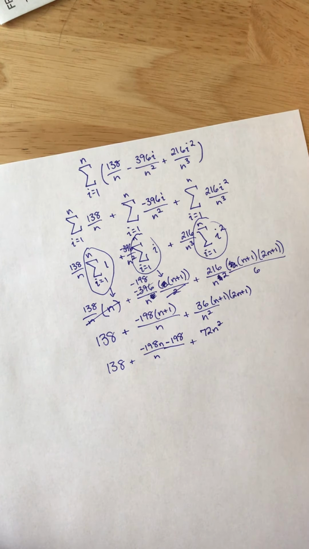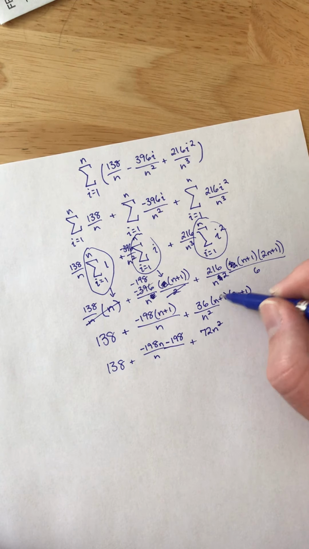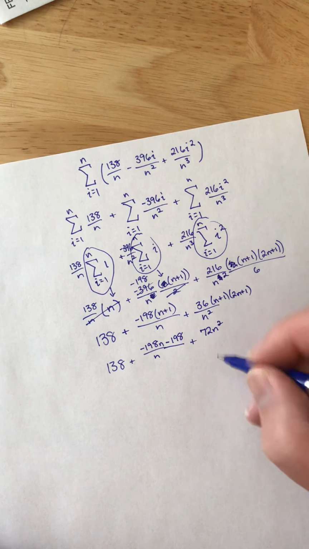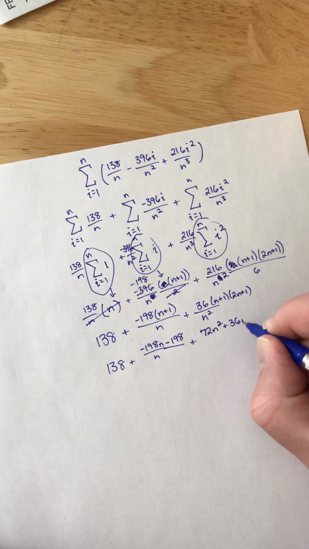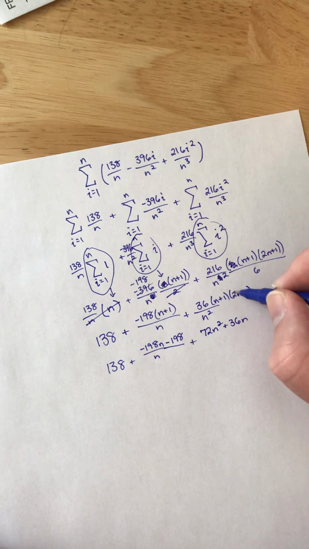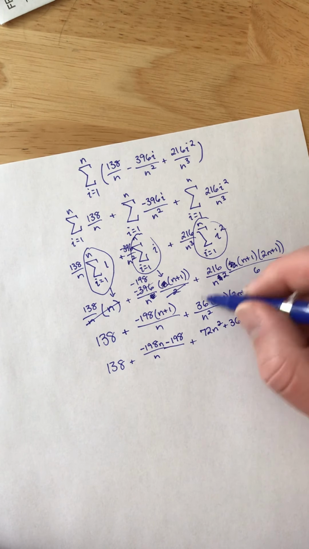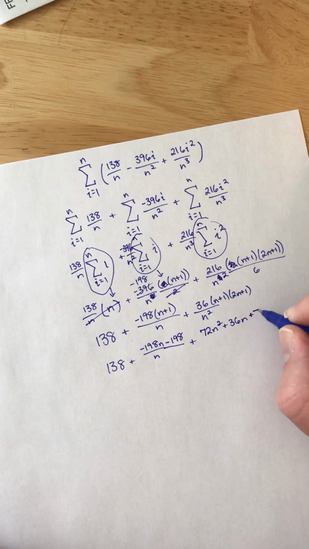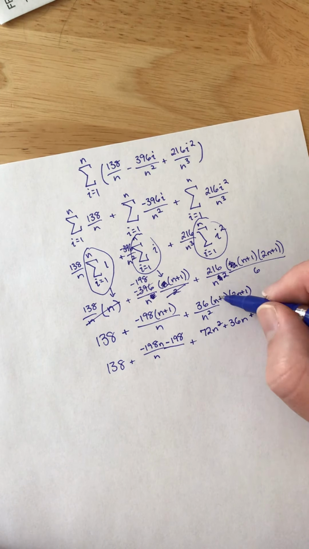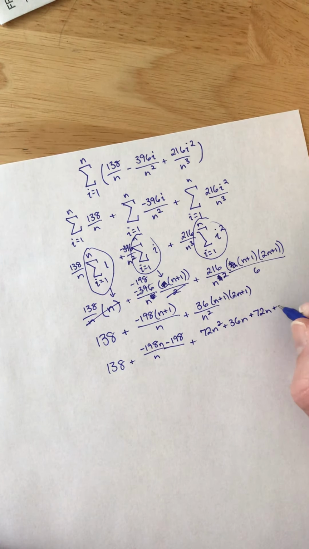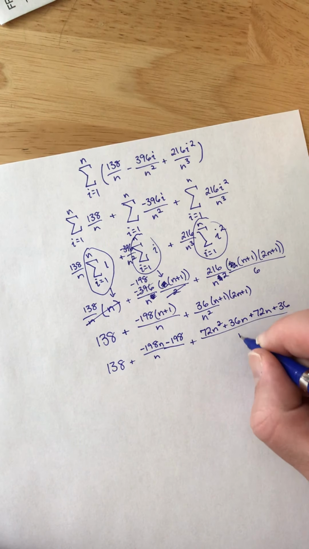I'm multiplying by the 36. Then I'm going to do n times 1, which is going to be n, so we're going to get 36n's. Then I'm going to do 2n times 1, which is going to multiply by the 36 as well and get 72n. Then I'm going to do 1 times 36, which makes just plain old 36 over n squared.